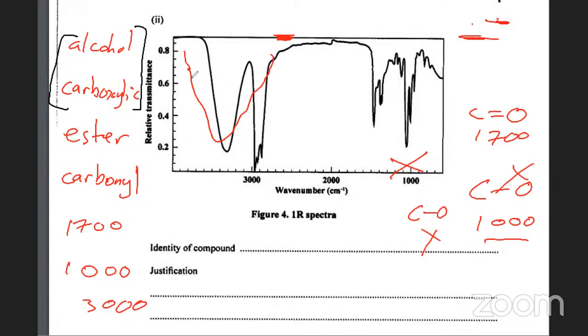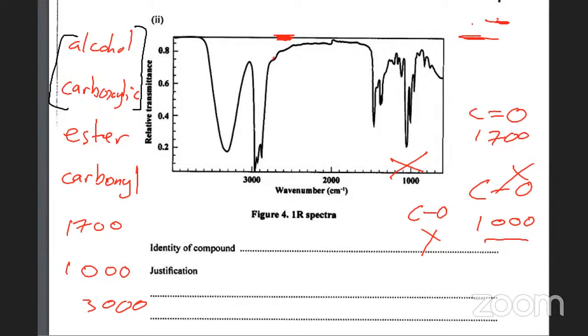So this is an OH peak, but just in a regular alcohol, not a carboxylic acid. If it was a carboxylic acid, it would be a wide peak like this one here in red. Because it is not wide, it's a regular alcohol.